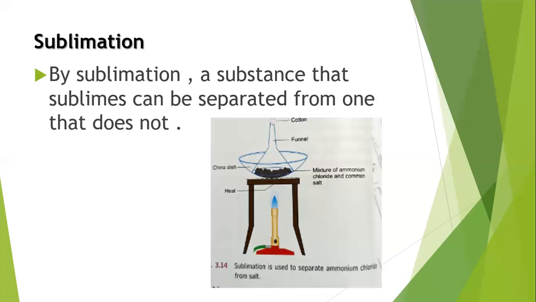Cover the mixture with an inverted glass funnel and plug the opening of the funnel with cotton. Heat the dish gently on a wire gauze. Ammonium chloride sublimes and collects in the cotton, whereas common salt remains in the dish.